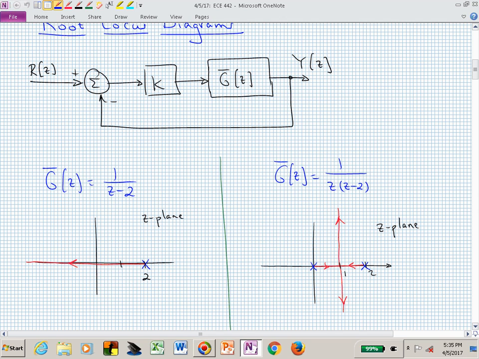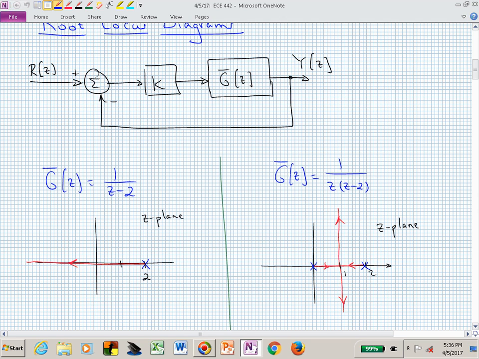And where infinity is depends on how many more poles we have than zeros. If we have 2 more poles than zeros, our infinity is located at plus and minus 90 degrees. Or the fundamental angle will be 180 divided by that pole zero excess, or 180 divided by 2.